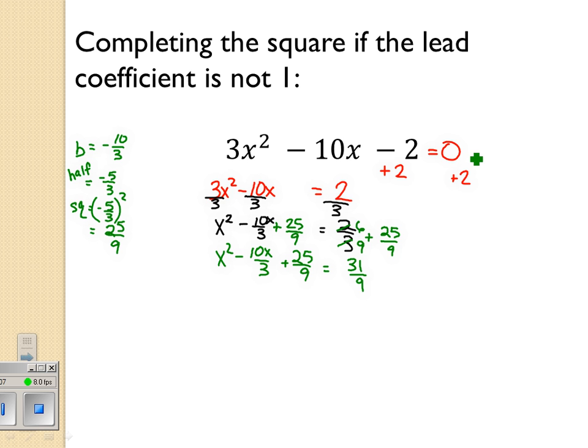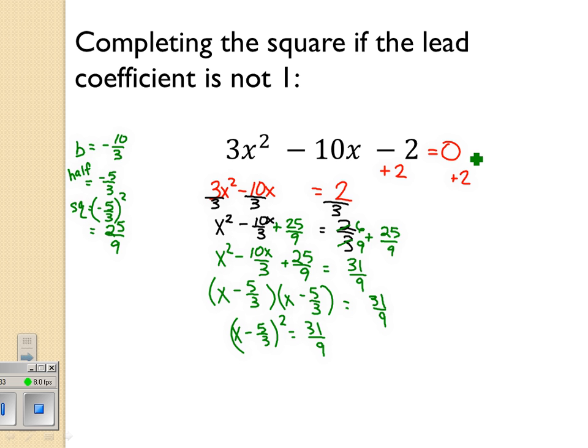By completing the square, we have made the left-hand side factorable into a square. We'll have an x both here and here, a negative 5 thirds both here and here. So it can be written as x minus 5 thirds squared is equal to 31 over 9. And we're almost done.